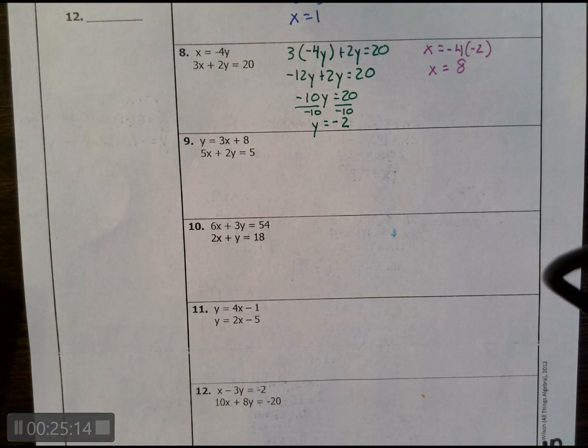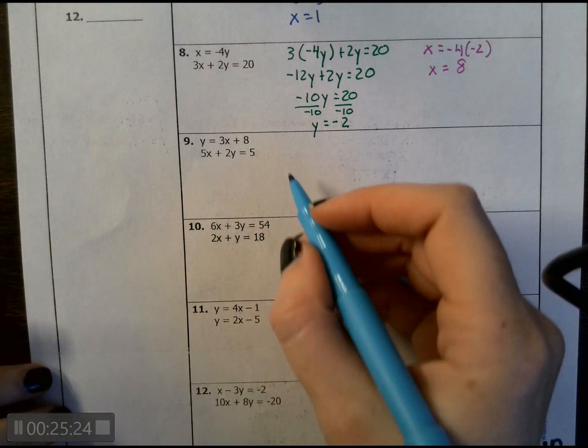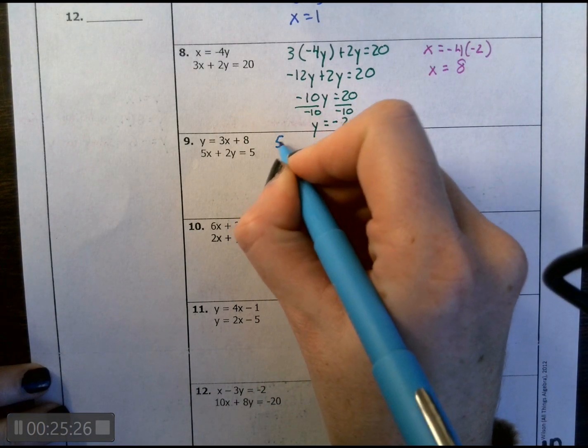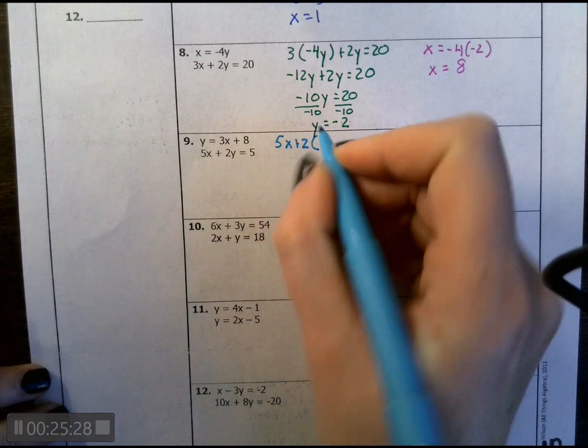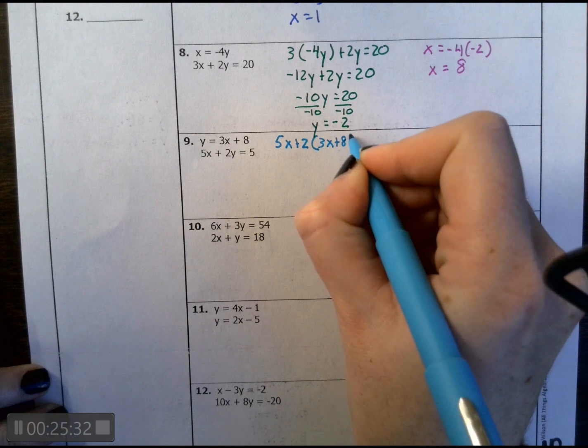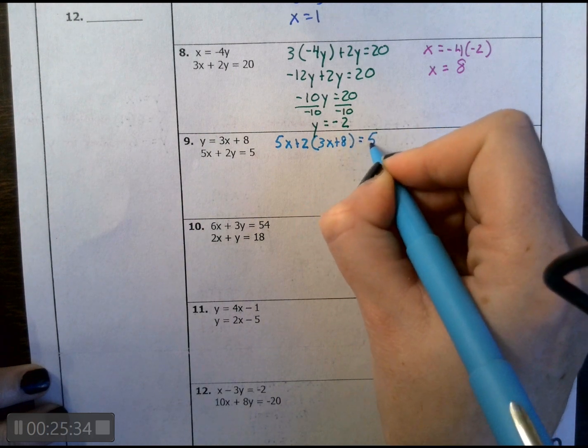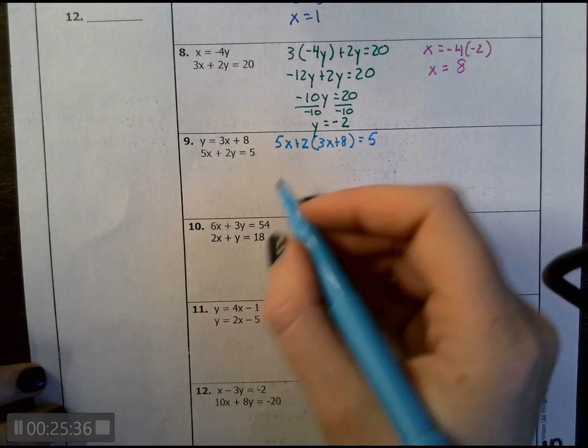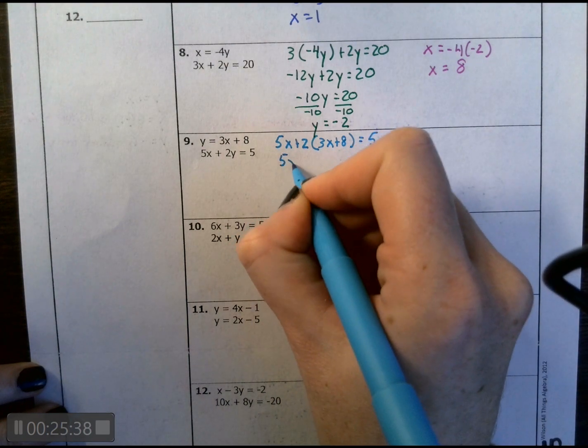Alright, we are on number 9. So we have y equals 3x plus 8 and 5x plus 2y equals 5. Since we already have y equals, we can go ahead and skip to step 2. So we have 5x plus 2y. So instead of y, we're going to put 3x plus 8 equals 5. Okay, start solving for x.